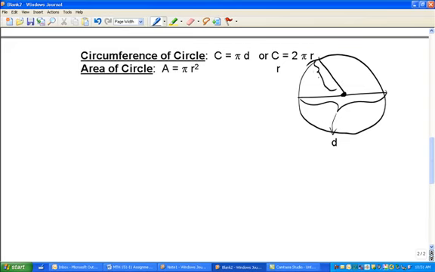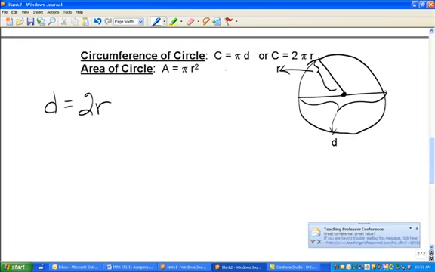This would be the radius, and of course the diameter is twice the length of the radius. So we have two formulas for the circumference. Circumference is pi times d, or since d is 2r, 2 pi r, so we can write it in either form. The area of the circle is pi r squared.